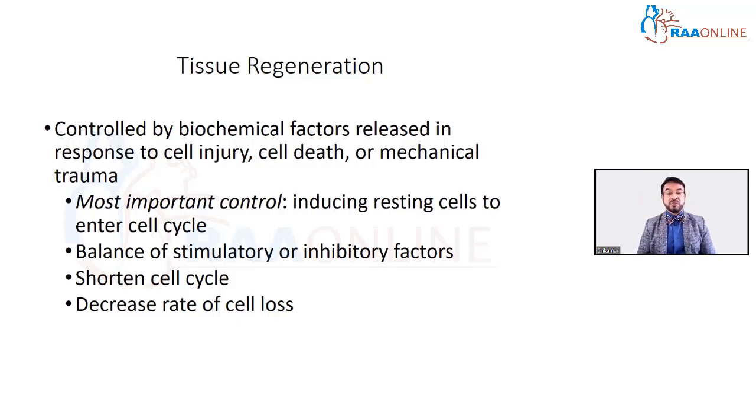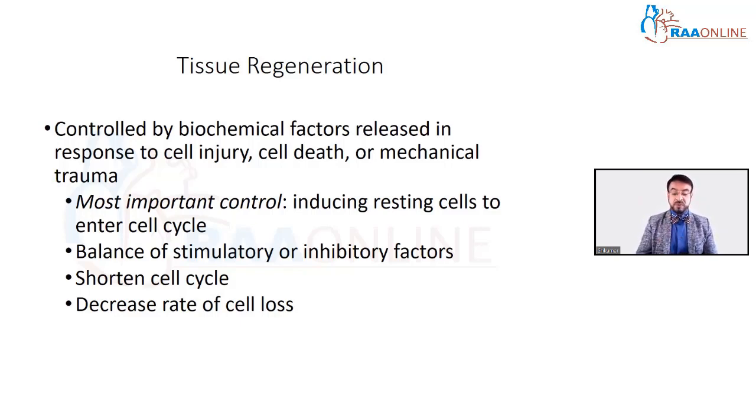Or if there is any trauma or permanent cell death or injury, in all these cases, biochemical factors are released. And these biochemical factors control the cell cycle. Now, the cell cycle, as you've all done in biochemistry, is a cycle where one cell divides into 2, 2 to 4, 4 to 8, 8 to 16, and so on.